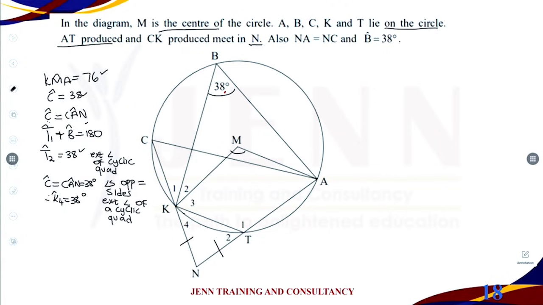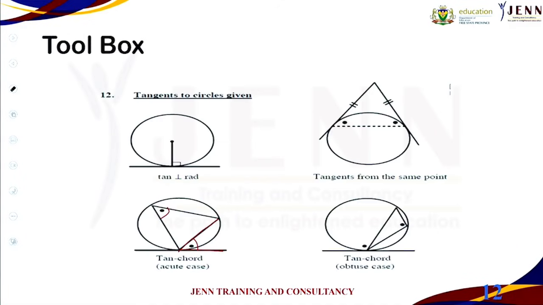If you remember, on our toolbox we did mention that if you are supposed to prove that NK is equal to NT, let us go back to our toolbox to remind ourselves.